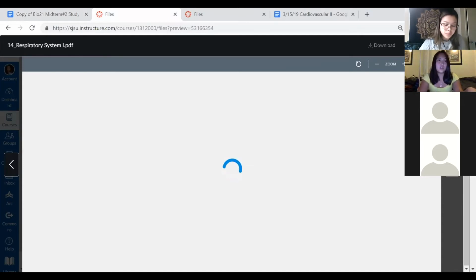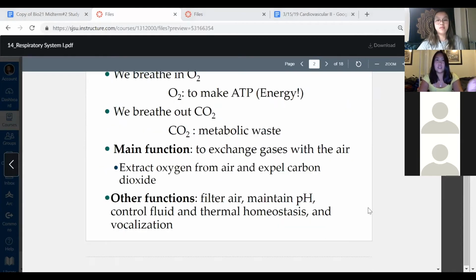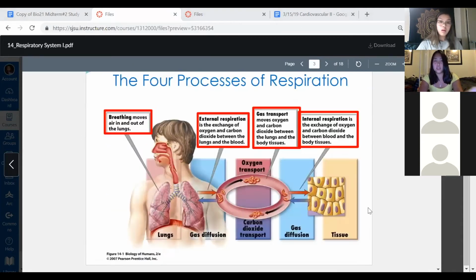External is exchanging oxygen with carbon dioxide between the lungs and the blood. And internal is exchange of oxygen and carbon dioxide again, but this time with the blood and the body tissues. She was emphasizing internal versus external, so just know that external is with the lungs and blood, and internal is with the blood and body tissues.